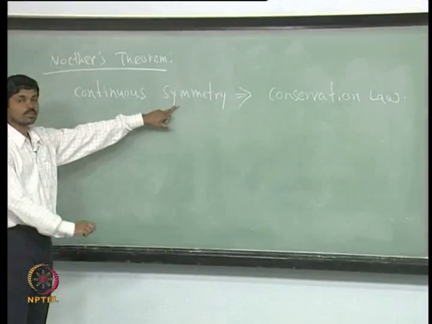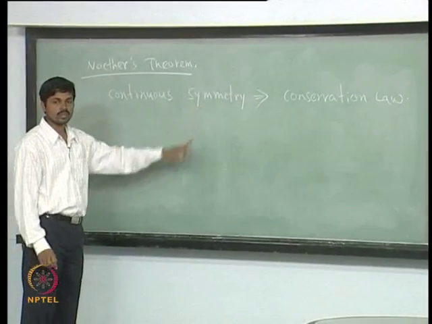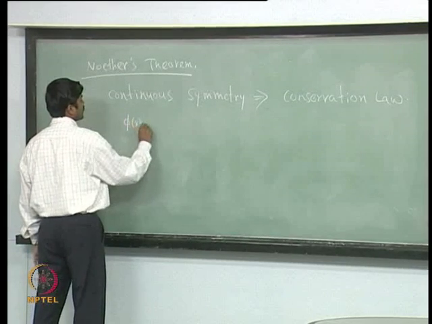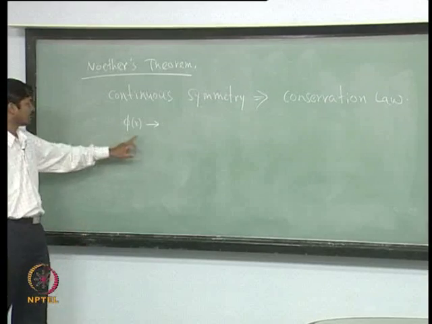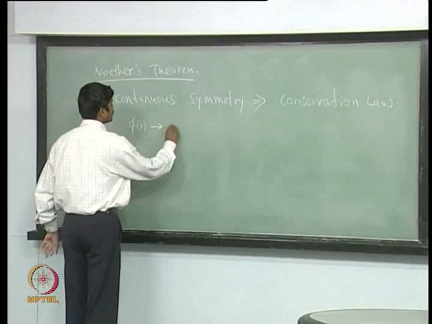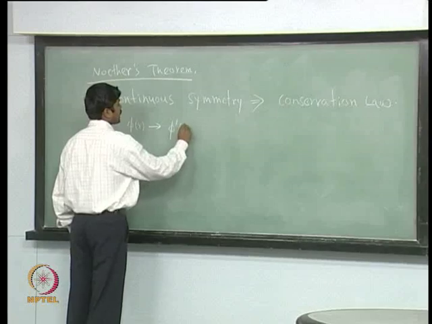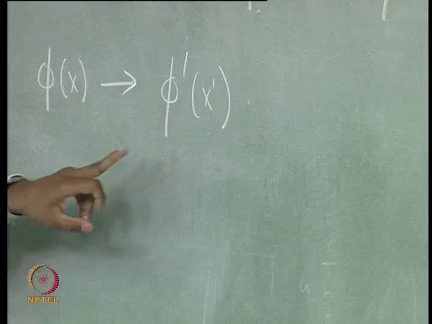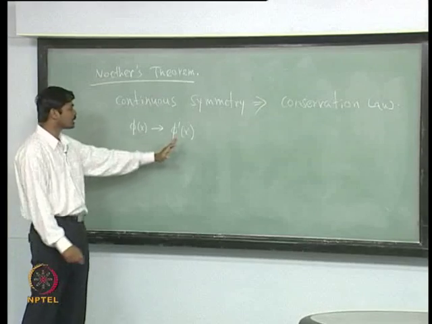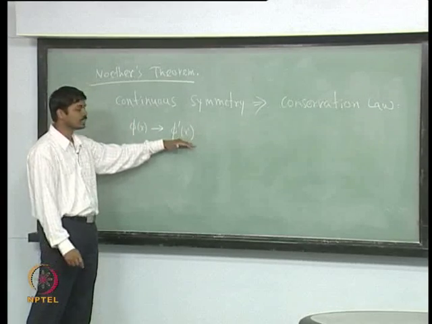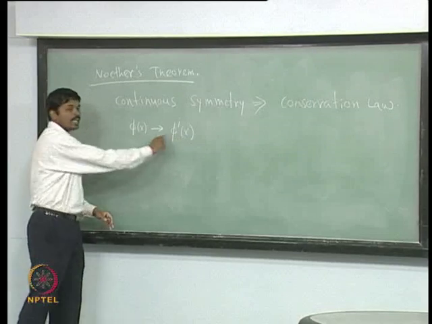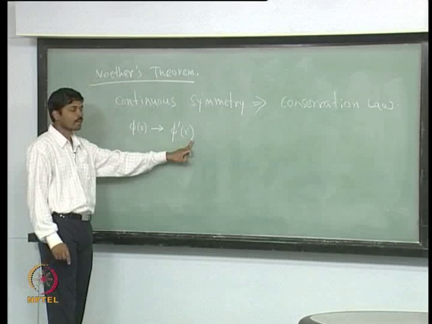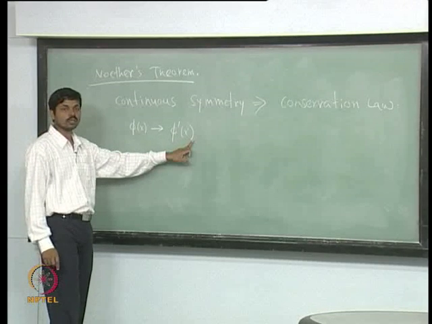When do we say that we have a symmetry in the theory? You consider the field phi of x. Suppose you make a transformation, the field goes to some transformed field phi prime of x prime. If the form of the equation of motion does not change, then you say that this transformation of the field phi of x to phi prime of x prime is a symmetry of the theory.